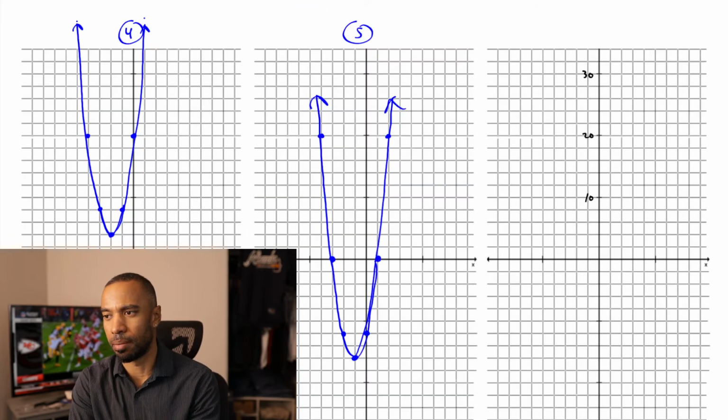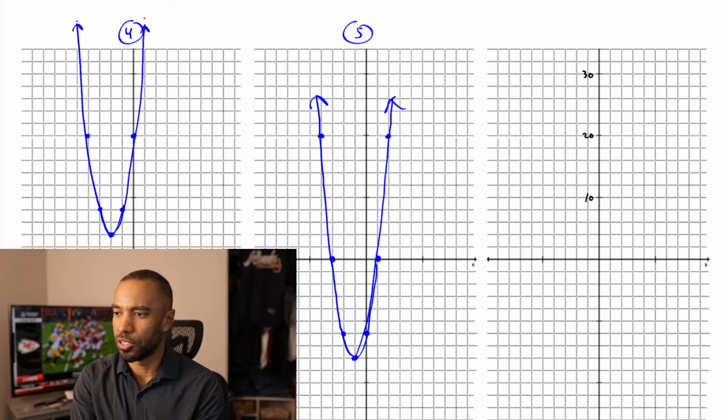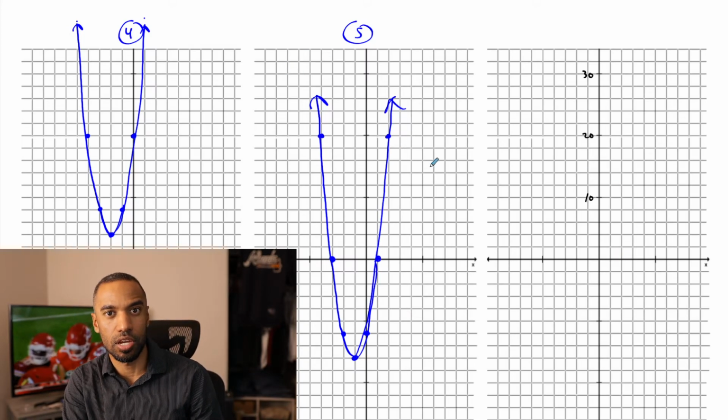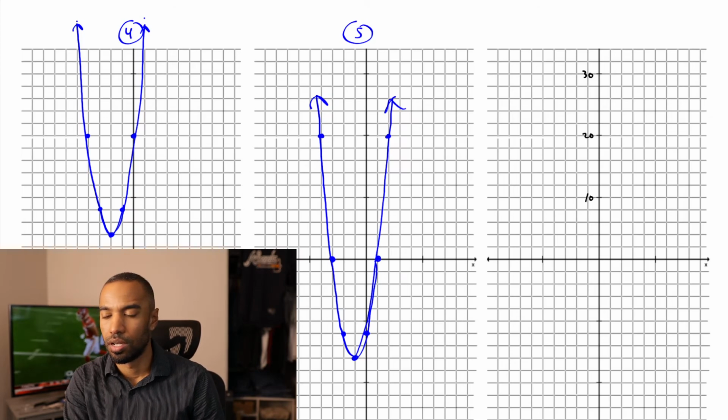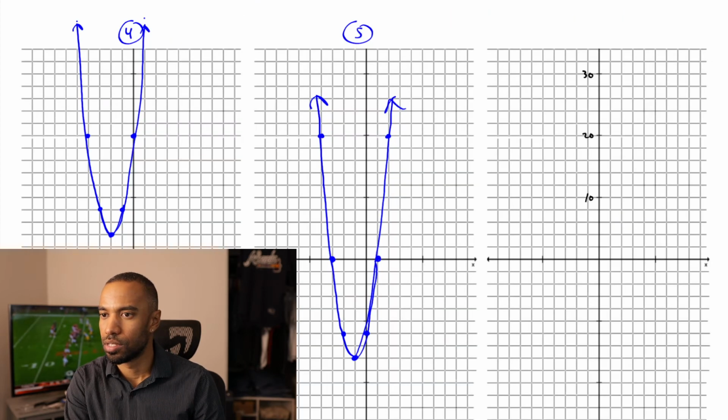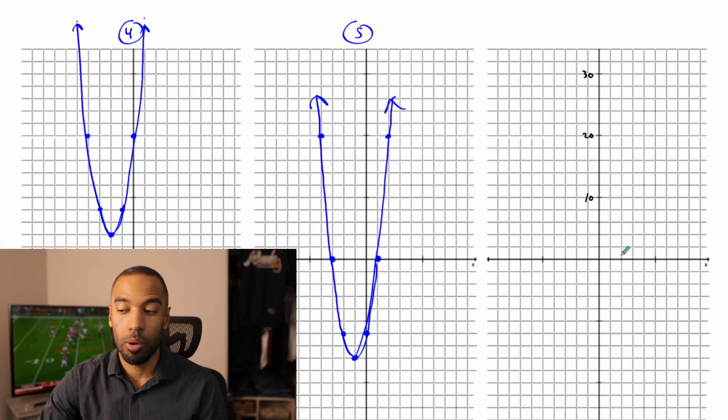Wait, oh, stretch factor is -8, right? This thing goes sharp fast, doesn't it? I'll go by halves.